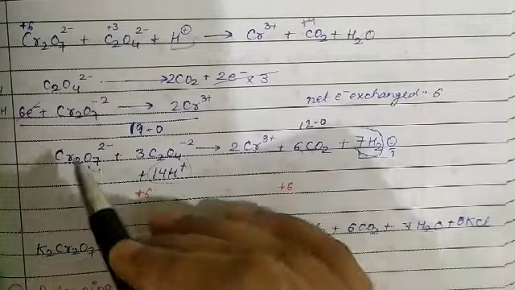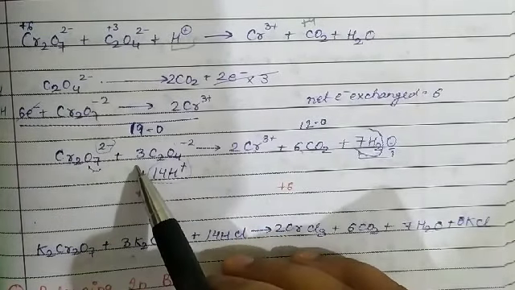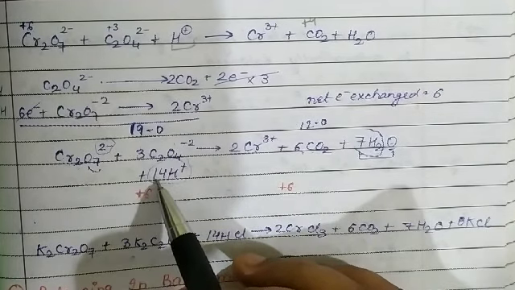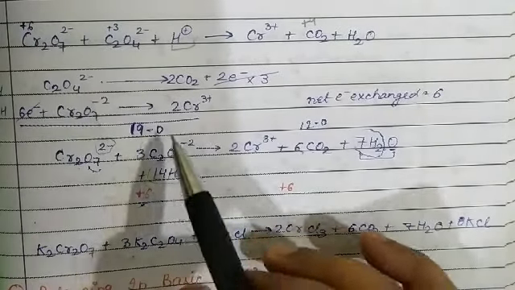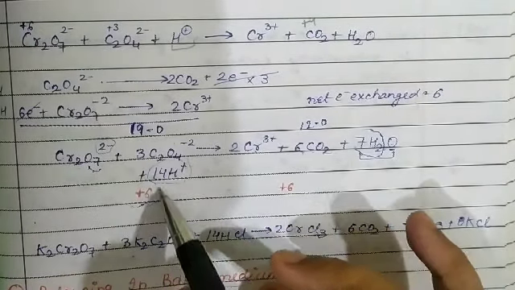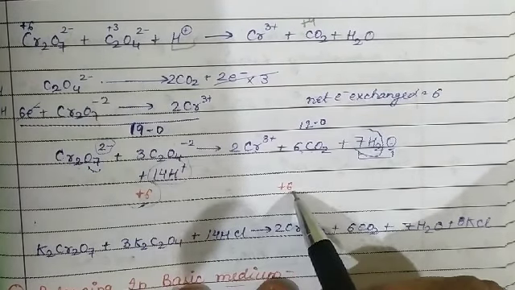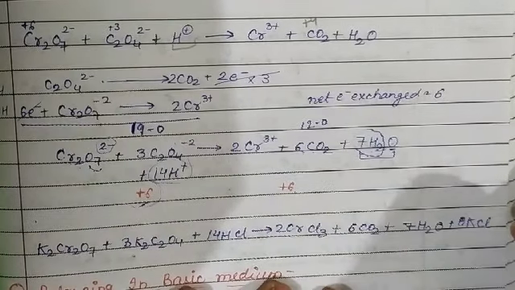Now see the charge. There is minus 2 and minus 2 times 3, so minus 6 and minus 2 is minus 8. Now plus 14 and minus 8 equals plus 6. So on the left hand side there are plus 6 units of charge. On the right hand side, 2 times 3 is 6, plus 6. So the charge is also balanced. It means the reaction is correctly balanced.